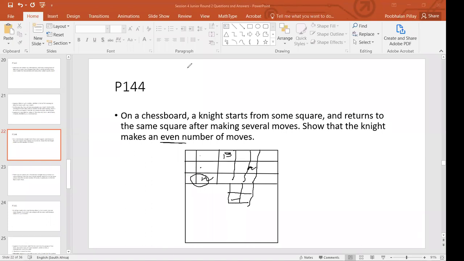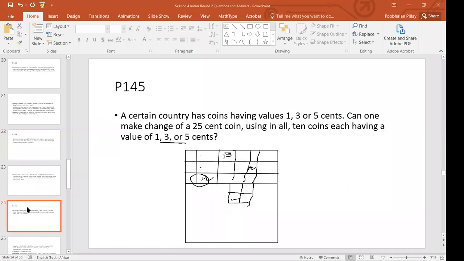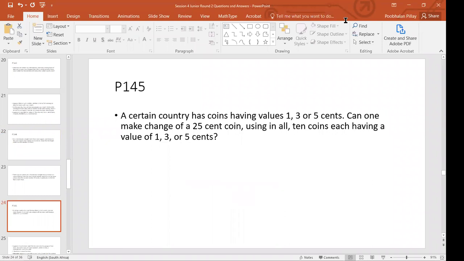The next problem we are going to do is problem number 145. A certain country has coins having values 1, 3, and 5.